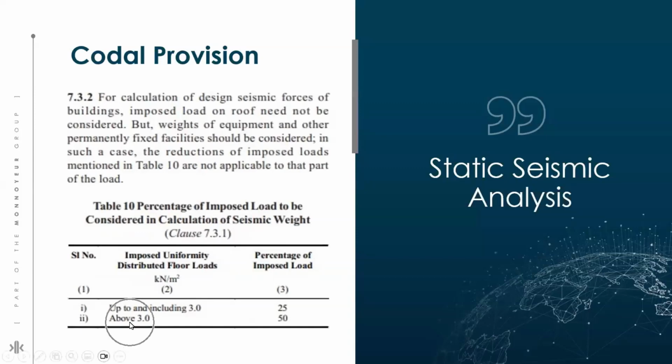If your live load is greater than 3 kilonewton per meter square, then we will consider 50% of live load while calculating our seismic weight. Also, you can see here imposed load on roof need not be considered. We will not consider any imposed load on the roof of our structures.